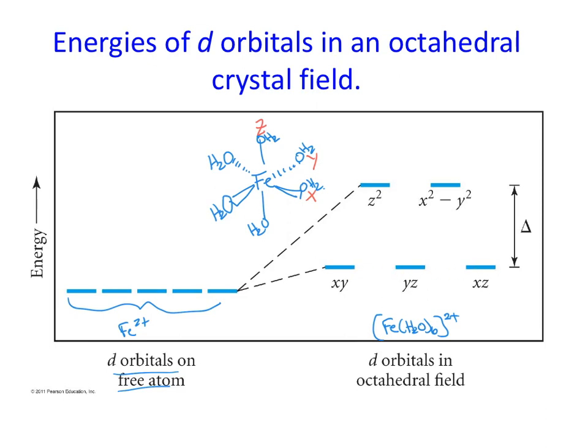And now we have what is called delta right here. So that is the energy difference between the lower and the upper d orbitals, and this is referred to as our crystal field splitting energy. So delta is our crystal field splitting energy.